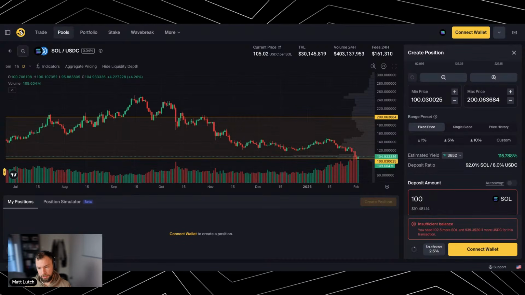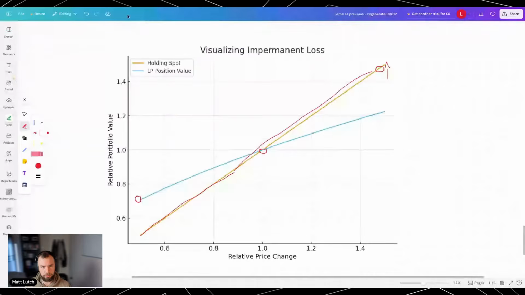But if the price goes down like it is now, you'll have slightly more Solana. So as the price goes up on this scale, you have got more Solana holding, the value is higher. But if it goes down, you're actually better off in the liquidity pool.